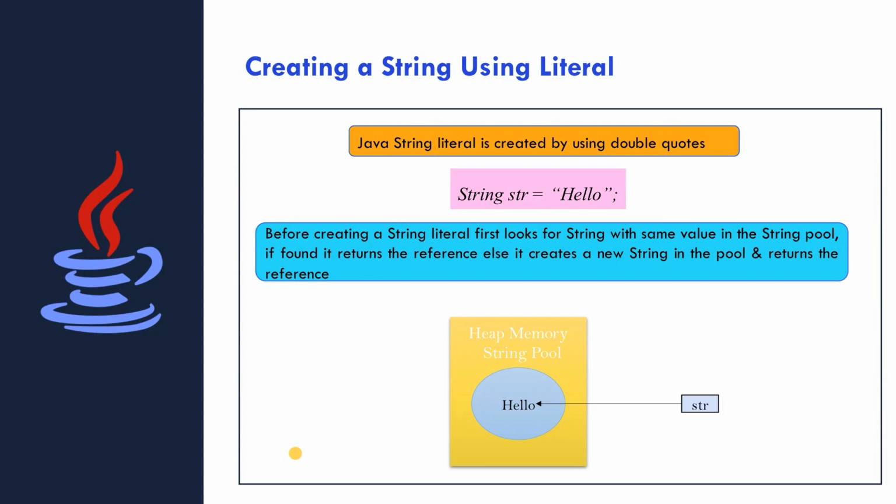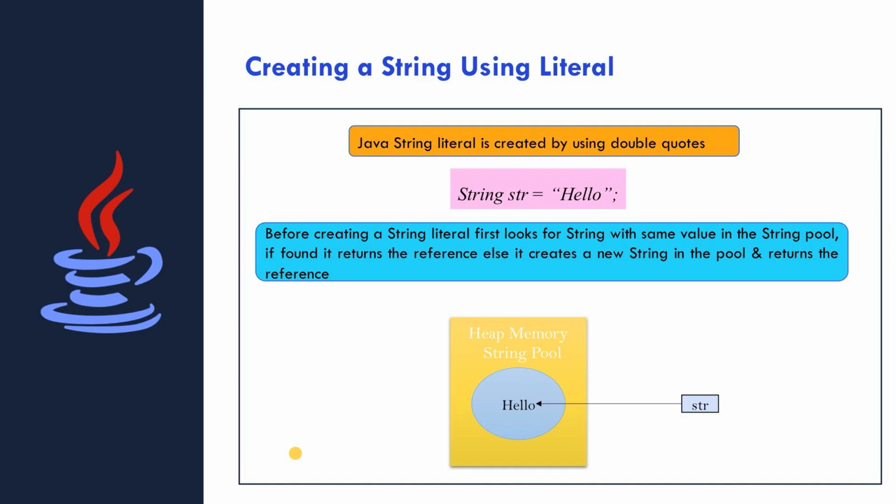So let us have a quick look at how to create a string and how the heap and the string pool come into action. Considering we are going to use a literal to create a string, a Java string literal is created by just writing the string literal in double quotes. How will you do it?